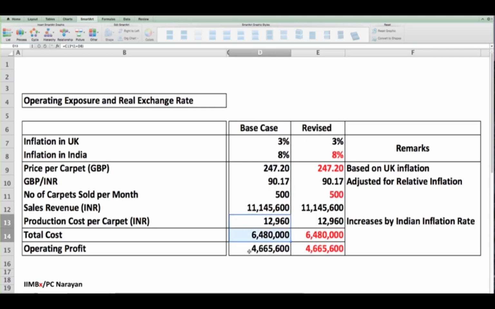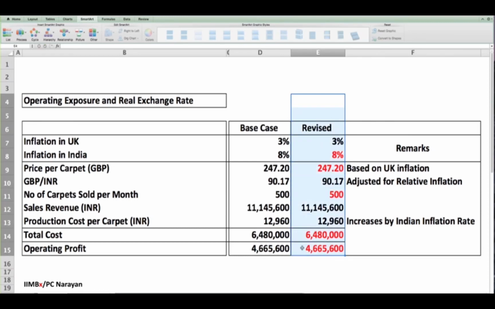The operating profit, therefore, given these factors, is 4.665 million for the Indian exporter, which is arrived at as a difference between the sales revenue of 11.145 million and the cost of manufacturing of 6.480 million.